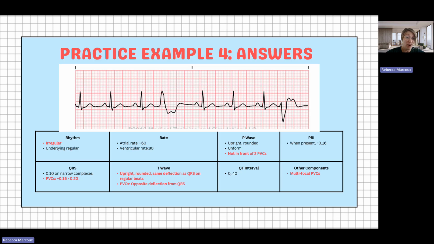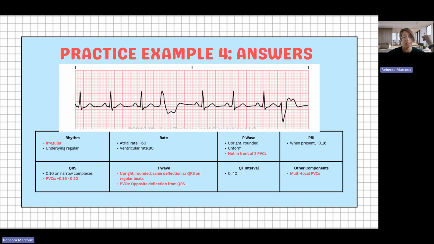QRS is narrow on our regular complexes or underlying rhythm, whereas our PVCs are 0.16 to 0.2, so they are wide. Our T waves are upright, rounded, and the same deflection as our QRS complexes on our regular beats, which is perfect. However, on our PVCs, we have the opposite deflection.